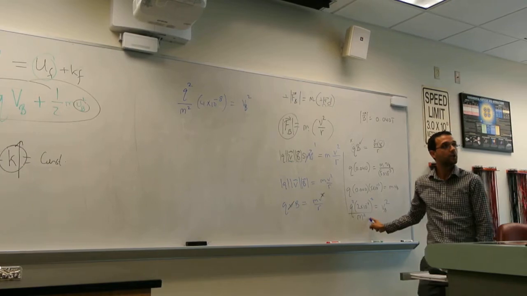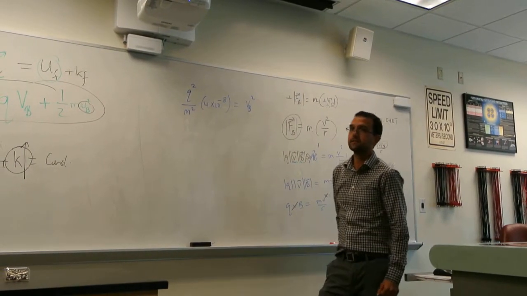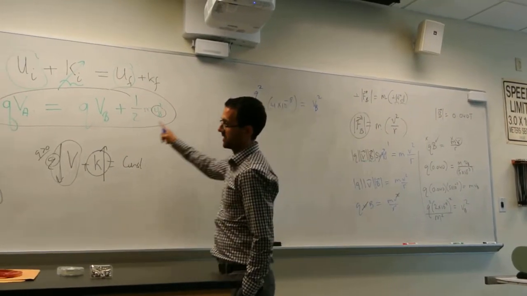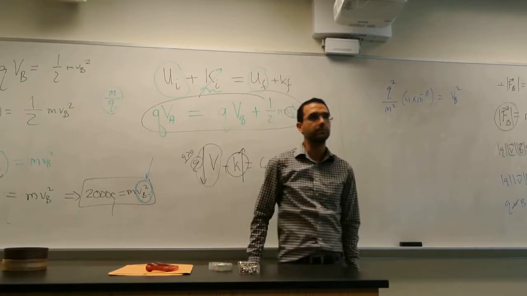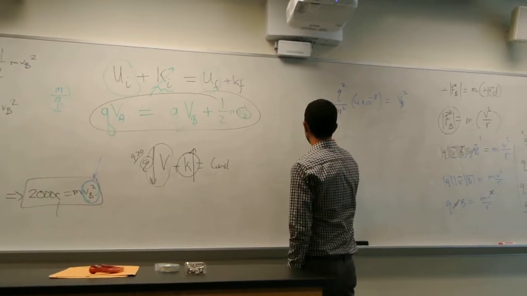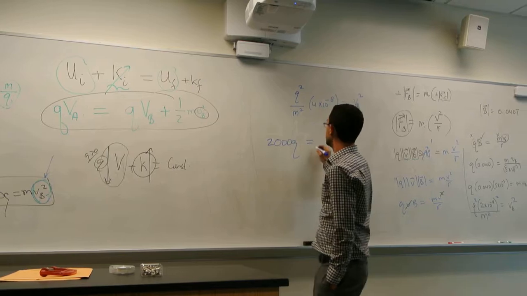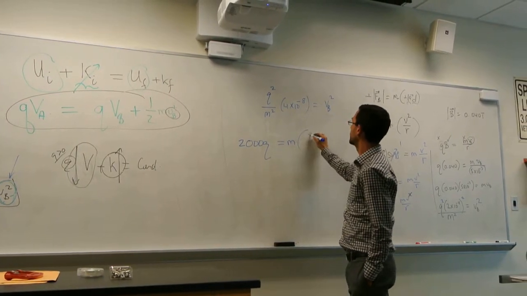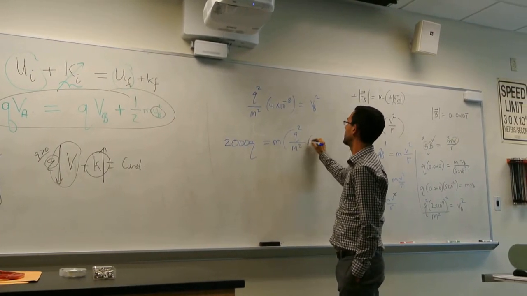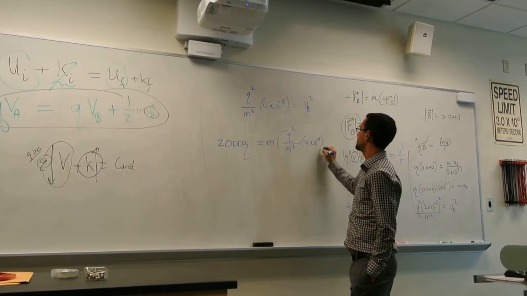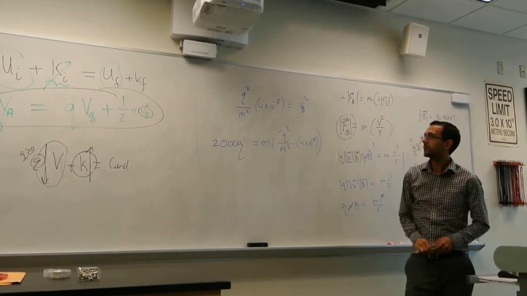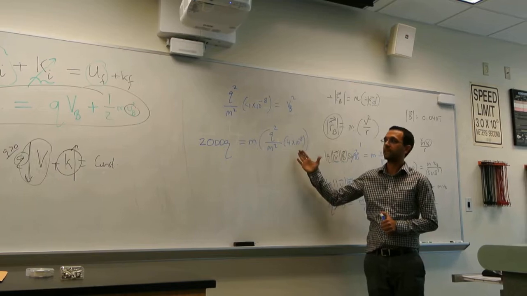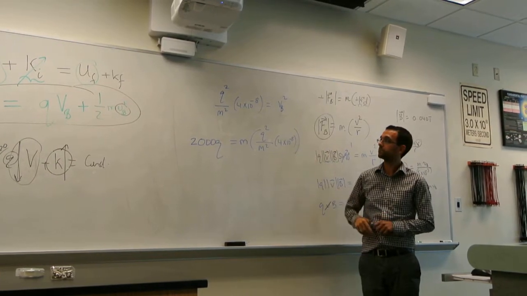Does everybody see that? So now, what would I do next? I'm going to substitute this right in here. Okay, so I'm going to have 2000 Q is equal to M times VB squared, which is Q squared divided by M squared, times 4 times 10 to the minus 8. Okay, does everybody agree with this statement here? Does everybody see that?